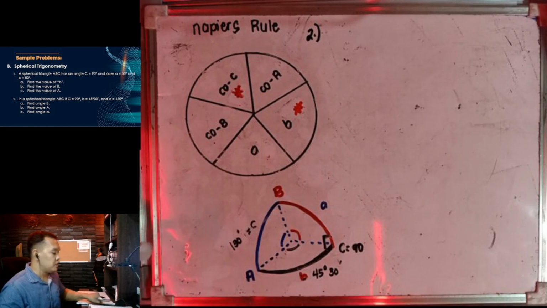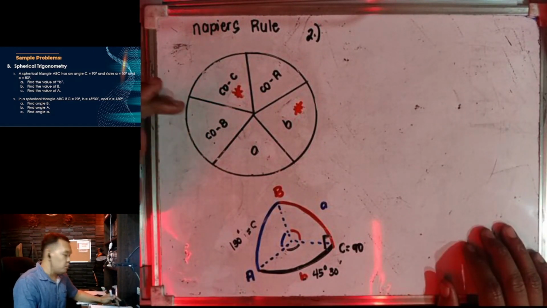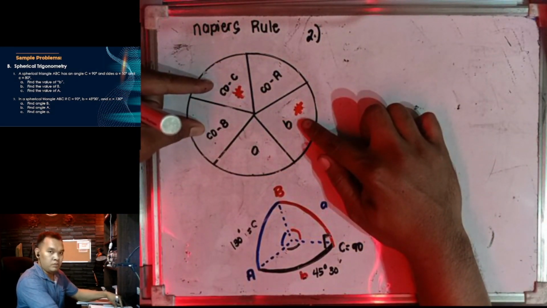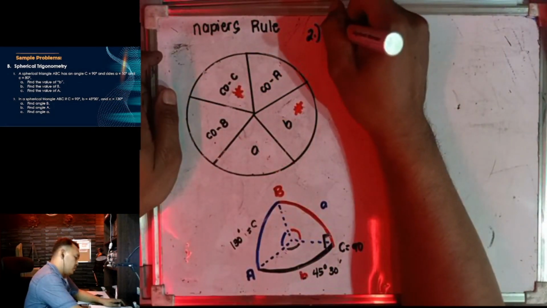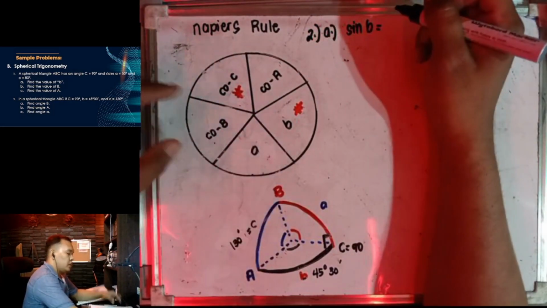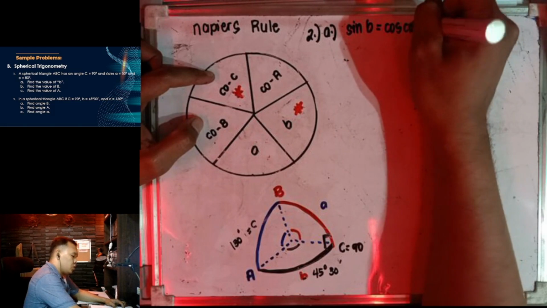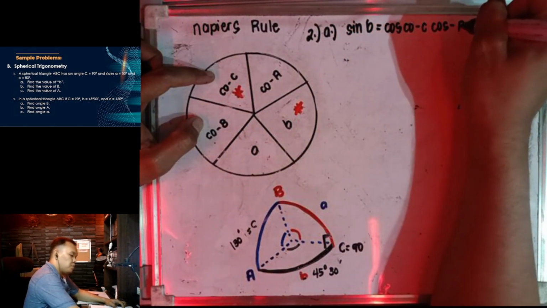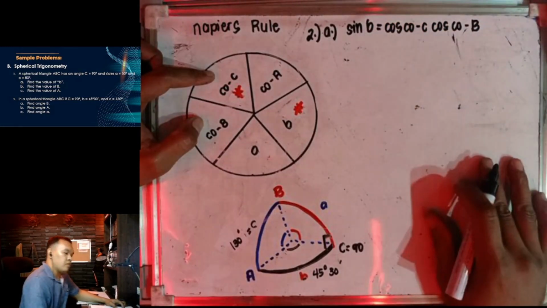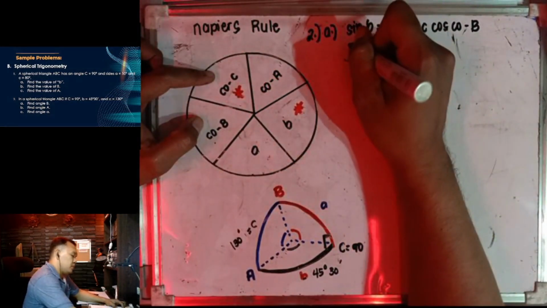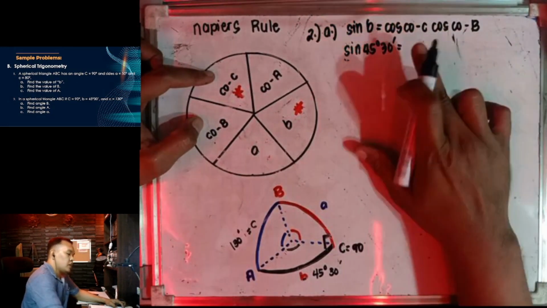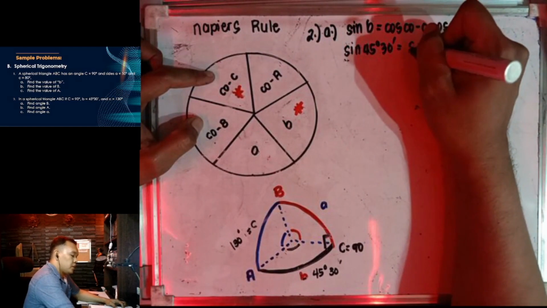Okay. So, ang pinapahanap is capital B. Kung ito yung pinapahanap na capital B, pwede kong sabihin, sine nito is cosine nitong dalawang to. So, we have here sine of b is equivalent kay cosine nitong dalawang to. Cosine co C and cosine co B, or complement B. Okay? So, lalabas, we have here sin b, sin 45 degrees and 30 minutes is equivalent kay cosine co C is equivalent niyan kay sin c.